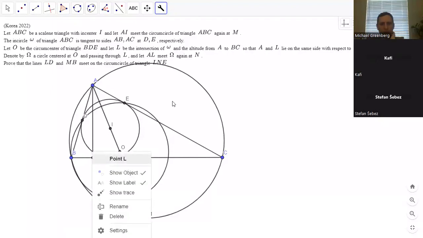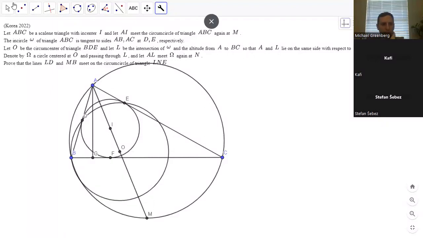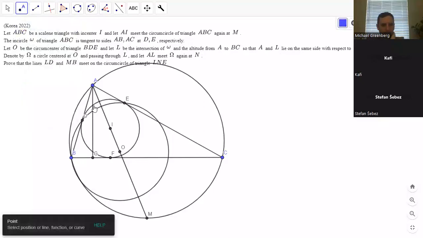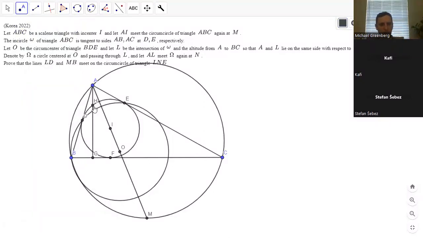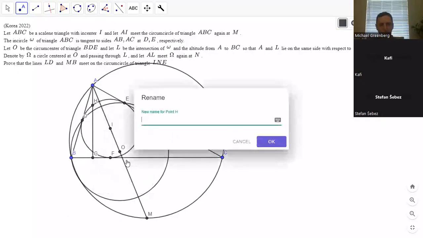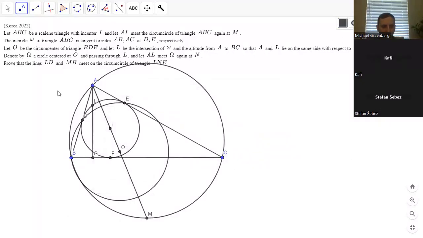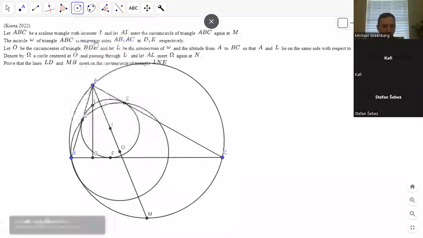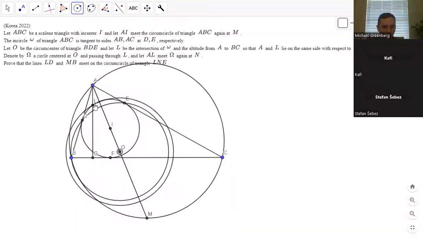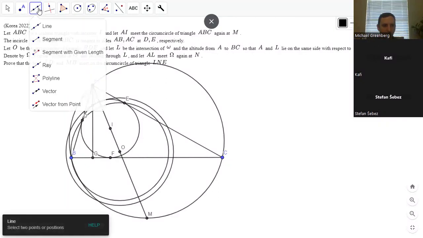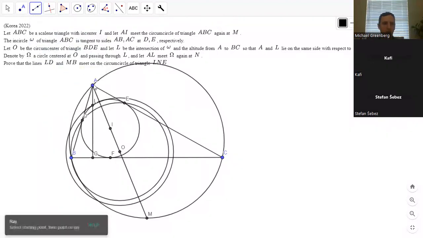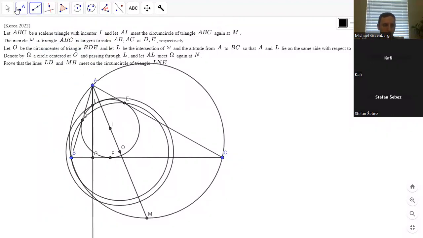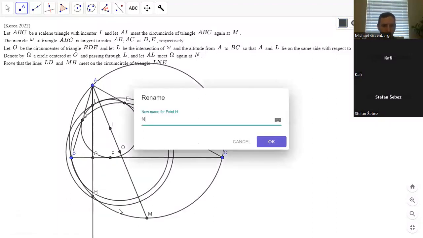Okay, so I'm going to call this L. Then we have a circle centered at O passing through L, and AL meets the circle again at N. So this is like N.